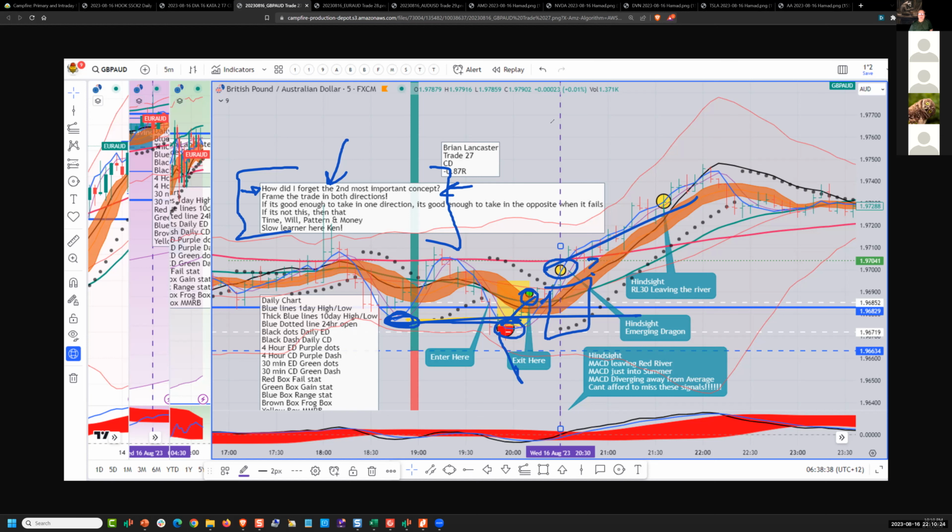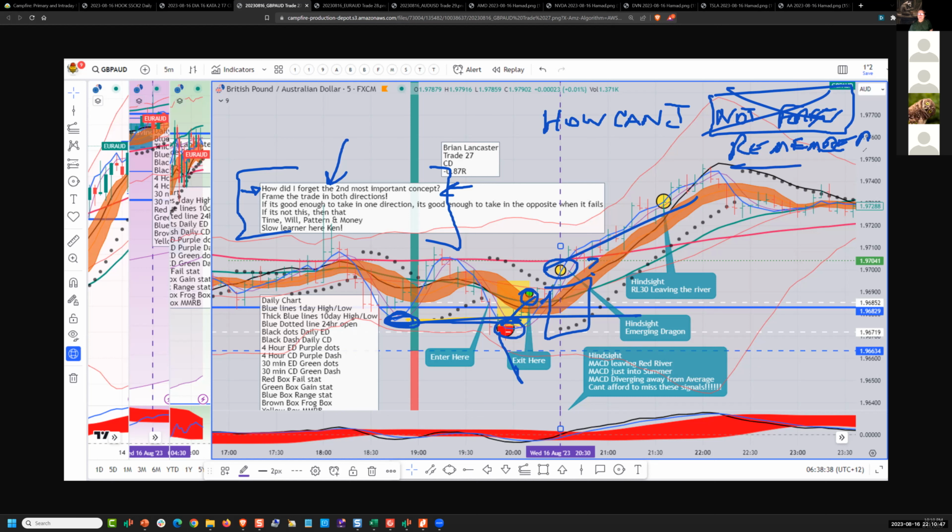What I want to say is, constructively, how can I not forget? Even that feels a little harsh. How can I remember? Hey, this requires an act of cognition. Here's what the Japanese manufacturers would say: poka-yoke.